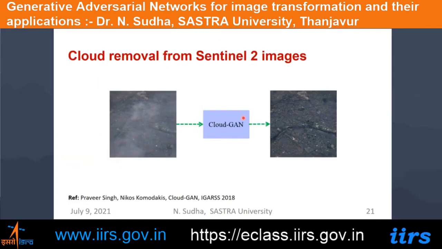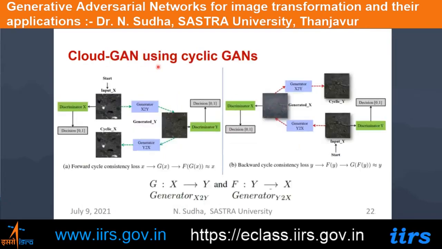In cloud removal, there is something called Cloud GAN, which was introduced in 2018. When you have images with mild clouds, it will generate an image without the cloud. The Cloud GAN is nothing but a cyclic GAN. We have already seen the cyclic GAN, which has two generators.